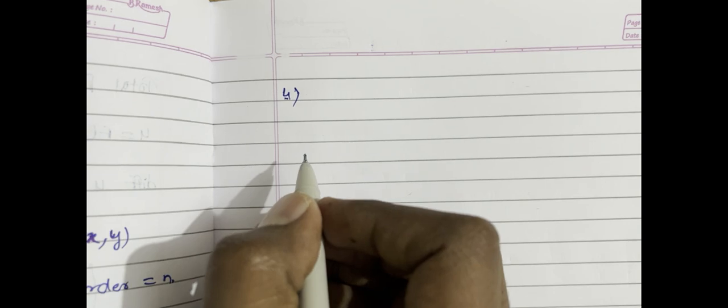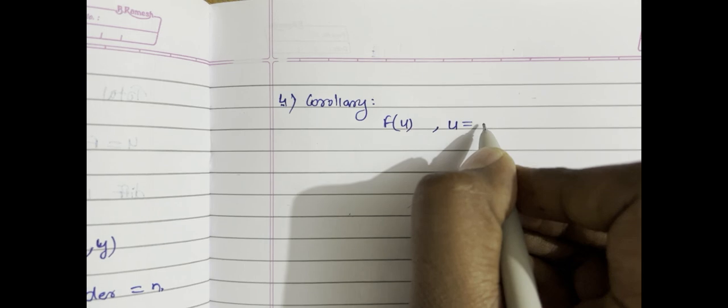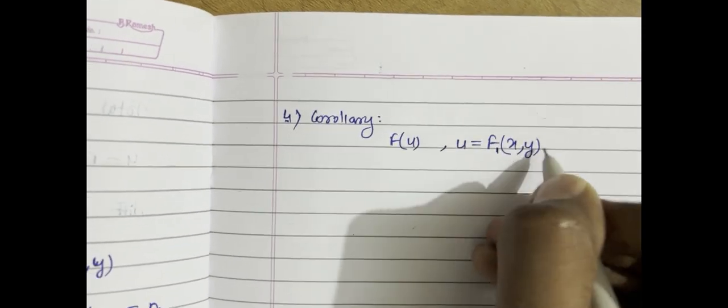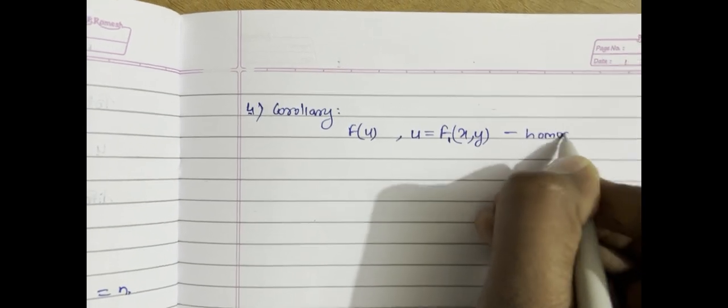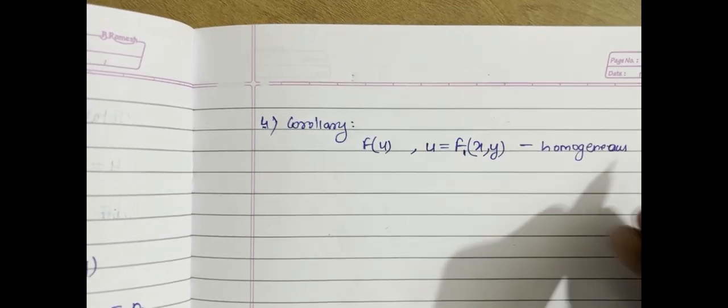Fourth corollary is the same as the third one but with a different condition. Here we have a function f of u, and u is also a function in terms of x and y, which is a homogeneous equation.